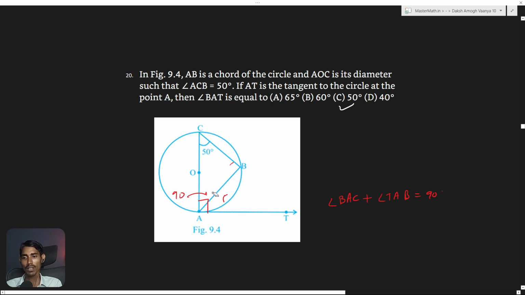So this is 90 degrees, and this also 90, but we need to find BAT, TAB. So what was angle BAC? That would be 40 degrees, and then 90 minus 40 would be 50.